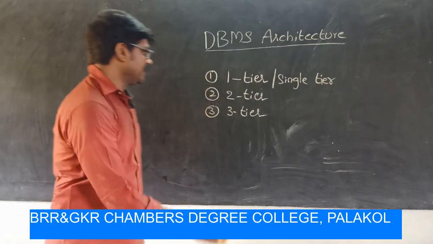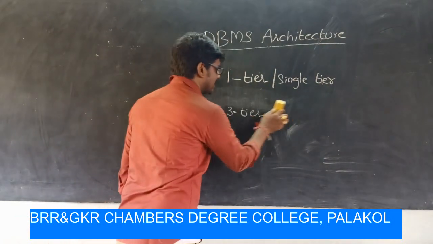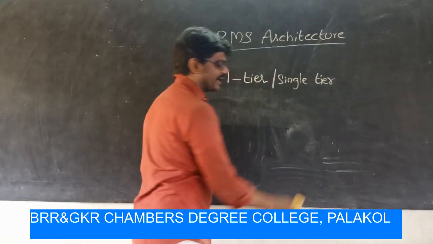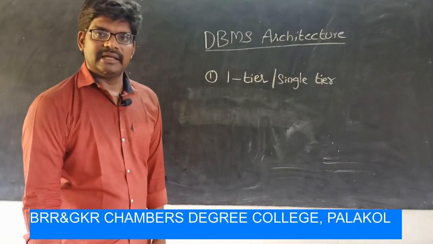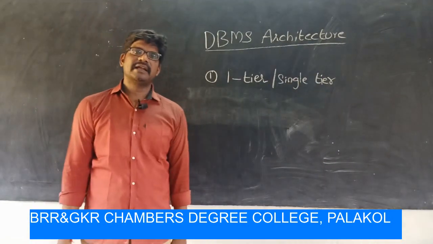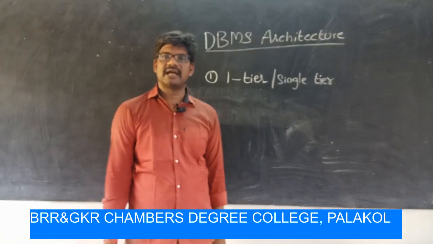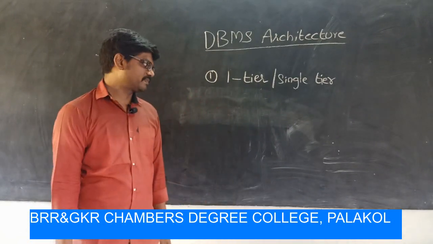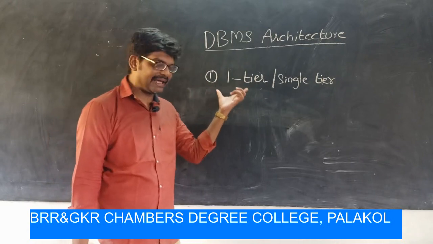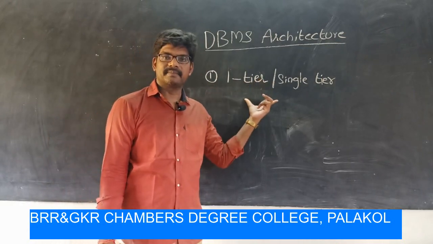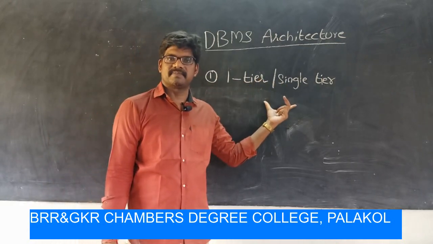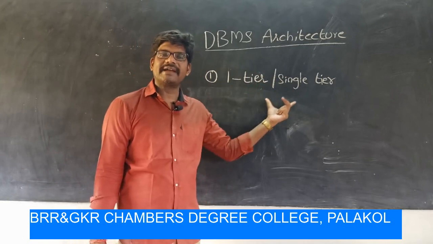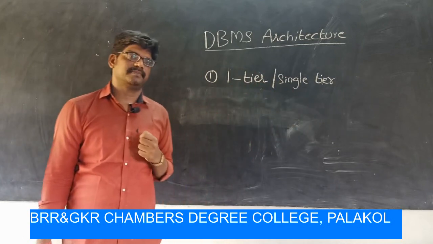The first one is one tier architecture or single tier architecture. The simplest database architecture is one tier, where the client, server and database all reside on the same machine.